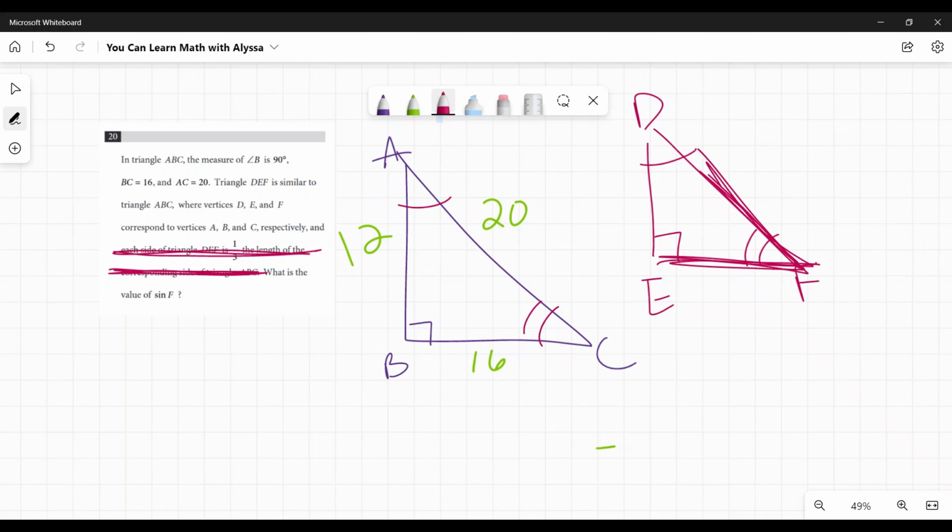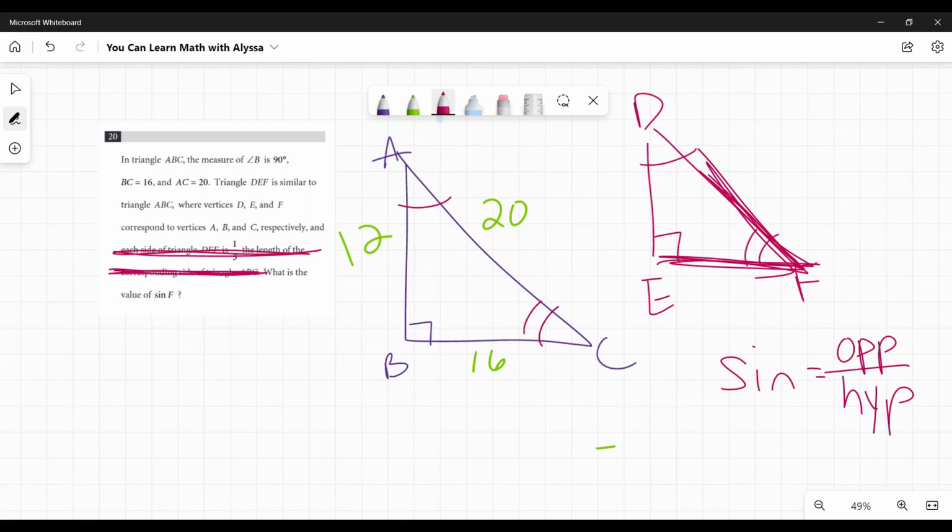So the sine of angle F is going to be the same as the sine of angle C. It just is. You don't have to ask what's 1/3 of 20. No, you do not have to do that. That's ridiculous. They're just trying to mess you up and make you waste time. So the sine of angle C. Sine is equal to the length of the opposite divided by the length of the hypotenuse.